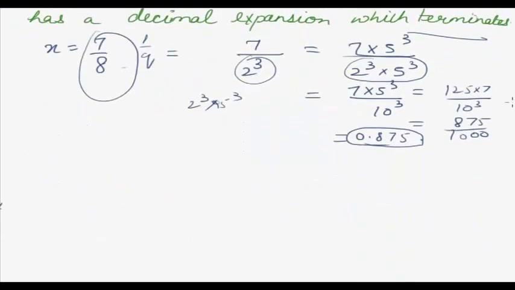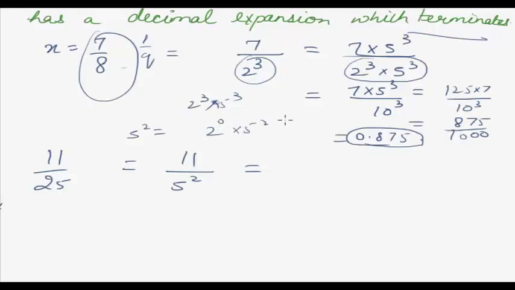We can have one more example, say 11 over 25. Now 25 is nothing but 5 square. Let us check if its decimal expansion is terminating or not. Firstly, 5 square can also be viewed as 2 raised to power 0 into 5 square, and we have no other prime factor in the factorization of denominator like 3, 7 and so on.